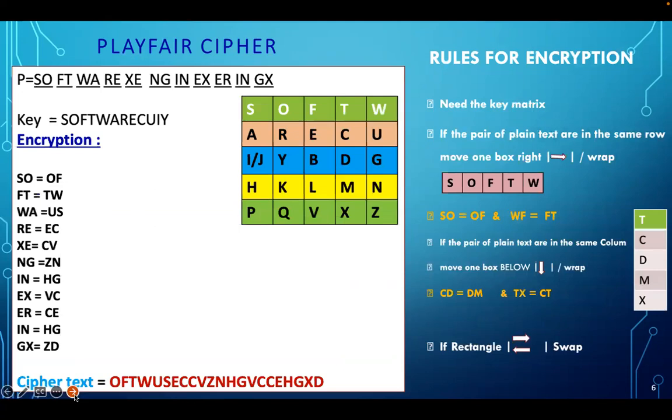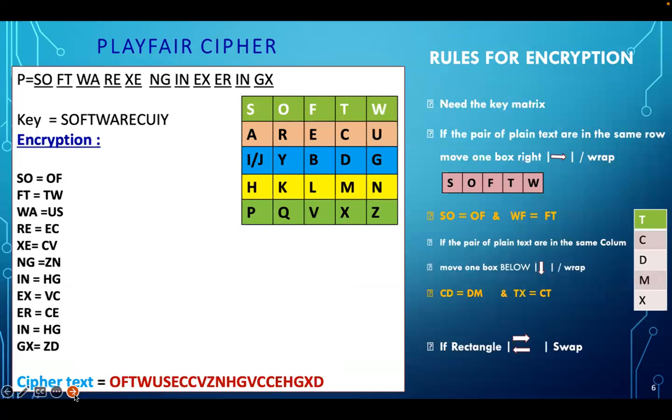Then we have to encrypt with our Playfair cipher. For this we have our plaintext, which is divided into pairs, and we have our key and the 5 by 5 matrix for the key. In this situation, we have some rules.